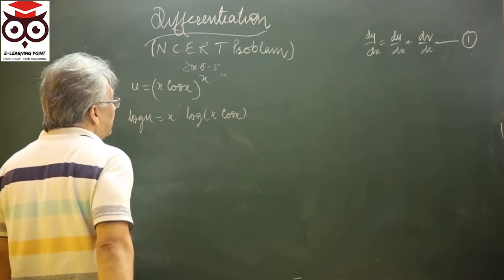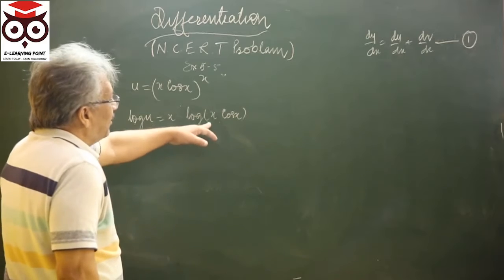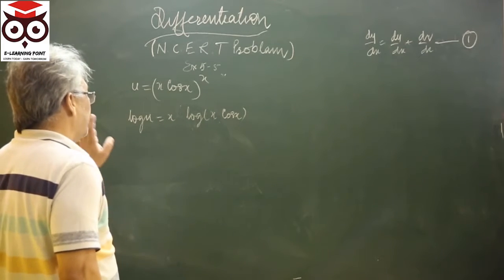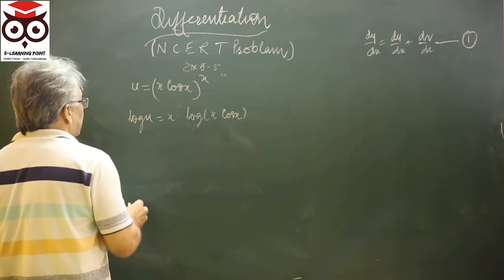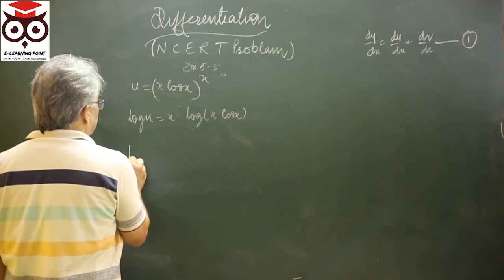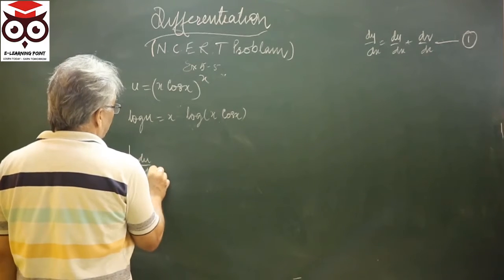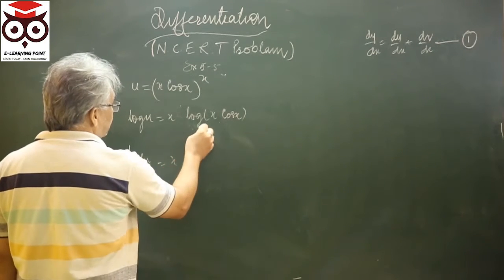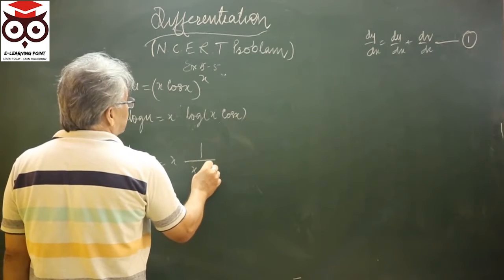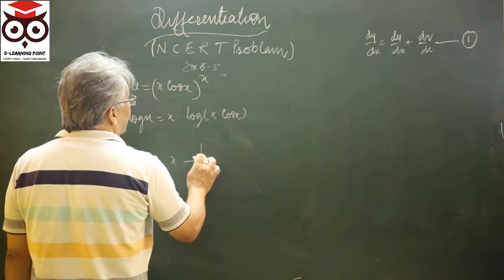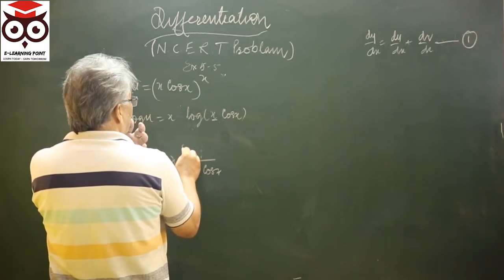So I can do it either by using the log property here or remain as it is. Both ways I can do it. This is 1 by u du by dx. So first function is as it is. What is the differentiation of this? It is cos x. Now I will differentiate with the help of product rule.